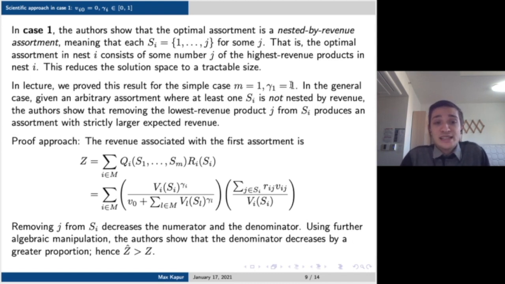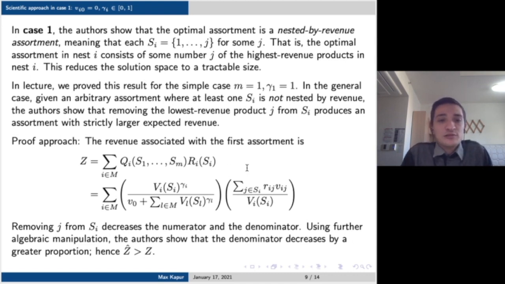The authors show that given an arbitrary assortment where at least one of the sub-assortments is not nested by revenue, then we can remove the lowest revenue product from that assortment and we will get an assortment that has a strictly larger expected revenue.